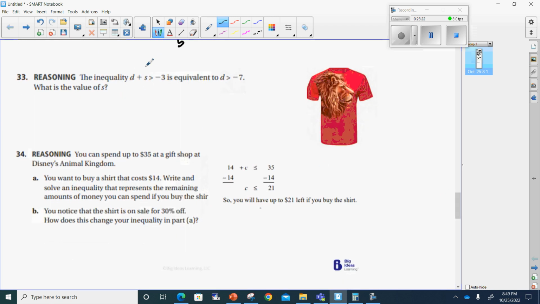The inequality d plus s is greater than -3 is equivalent to d is greater than -7. What is the value of s? Okay, well, let's see. D is greater than -7, right? We know this is bigger than -7, so it can be -6 or anything higher, right? Let's just put a number line so we get a visual here.